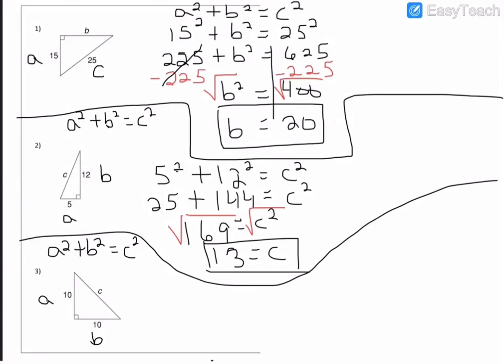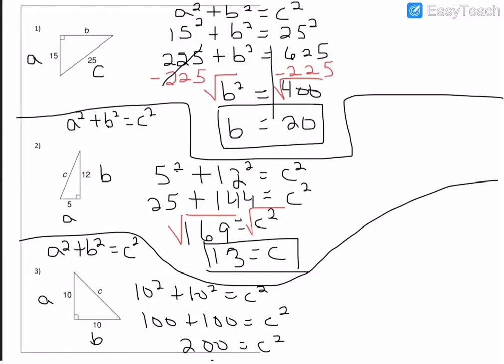Okay, so 10 squared plus 10 squared equals C squared. So we have 100 plus 100 equals C squared. 200 equals C squared. I need to take the square root.